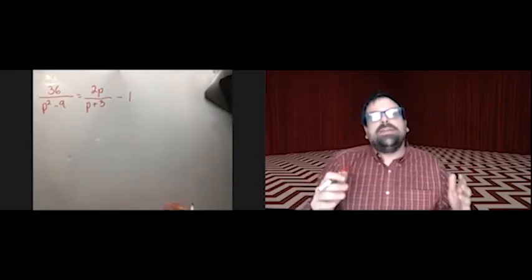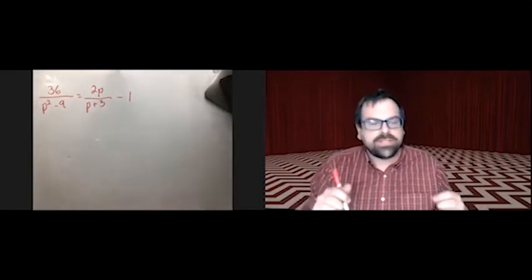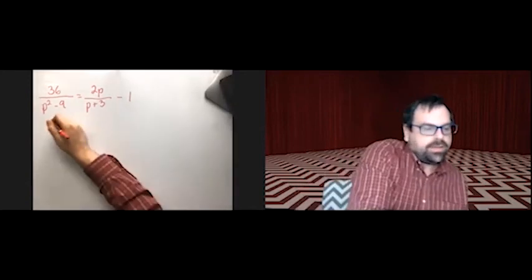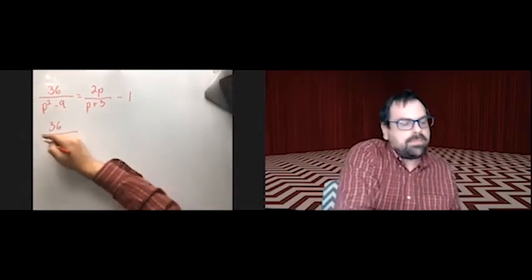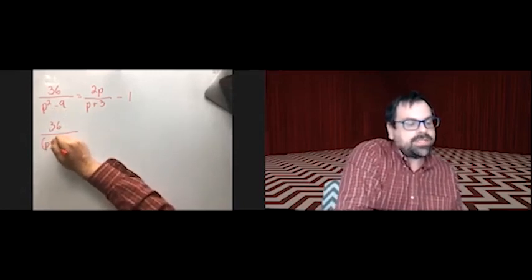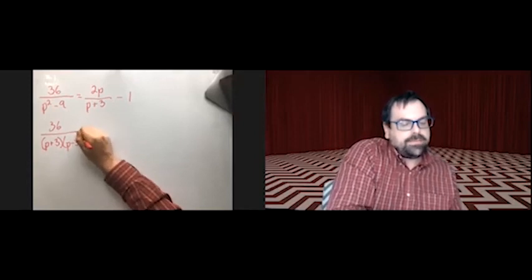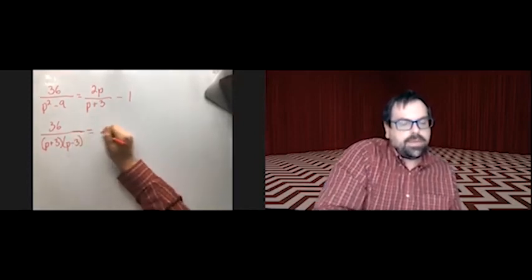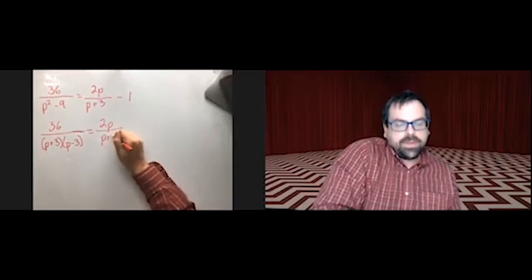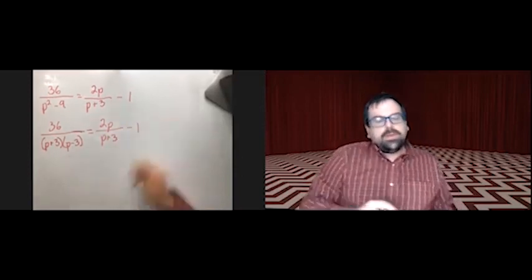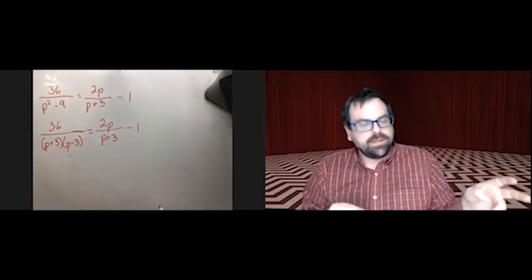Whenever we're given something that has anything that factors, we go ahead and start by factoring where we can. p squared minus 9 is (p plus 3) times (p minus 3). Nothing else factors. But factoring first helps us with two things.